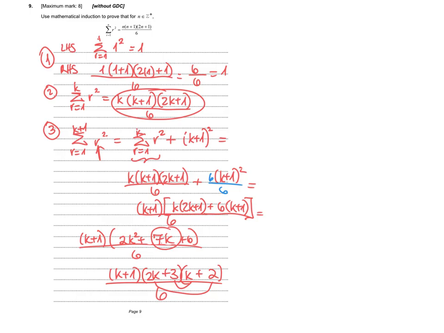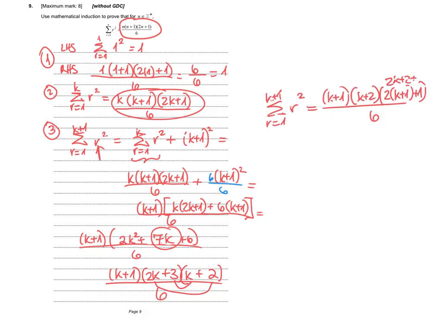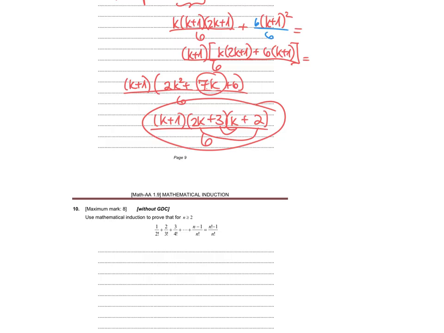I should have written it: the sum from r equals 1 to k plus 1 of r squared is going to be equal to, substituting k plus 1 in here, k plus 1, k plus 1 plus 1, which is k plus 2, and then 2k plus 1 plus 1 over 6, which is 2k plus 2 plus 1, 2k plus 3. So that is this. We showed it's true for n equals k plus 1, and don't forget step 4.